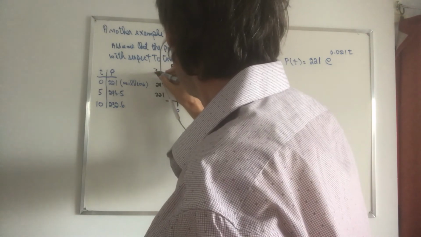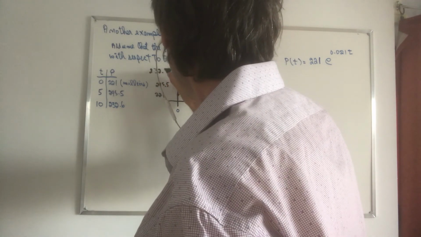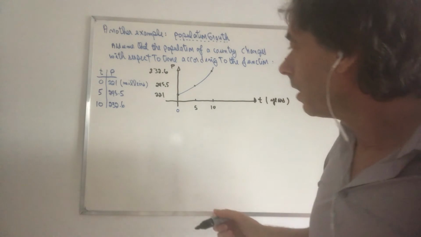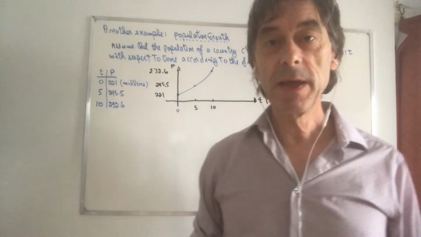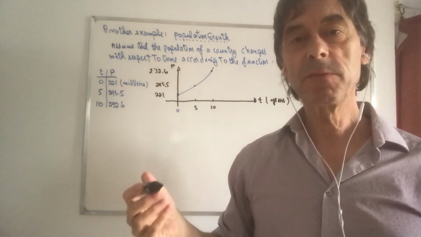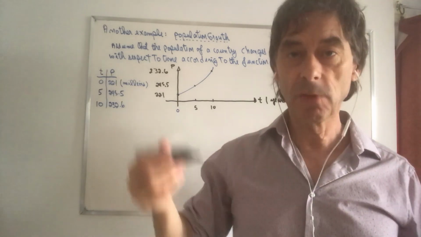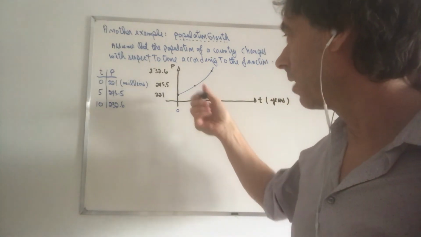This actually is 232.6. Again, the question will be, what is the rate of change? How fast is the population growing in that case, of this country?